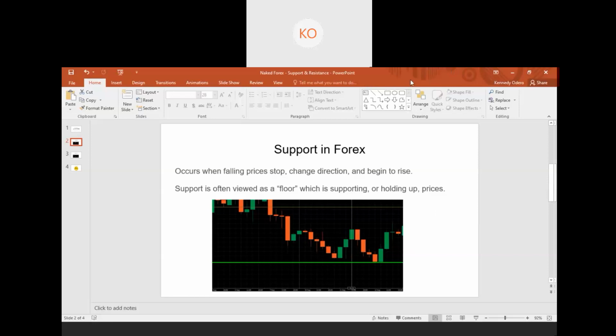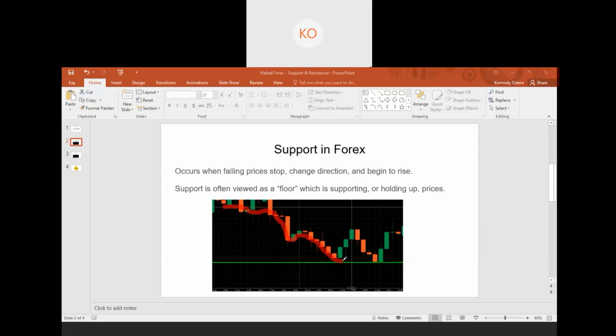As you can see on my chart here, the price was coming, then it was falling, and then going up, falling, and when it reached here, this is an area of support.